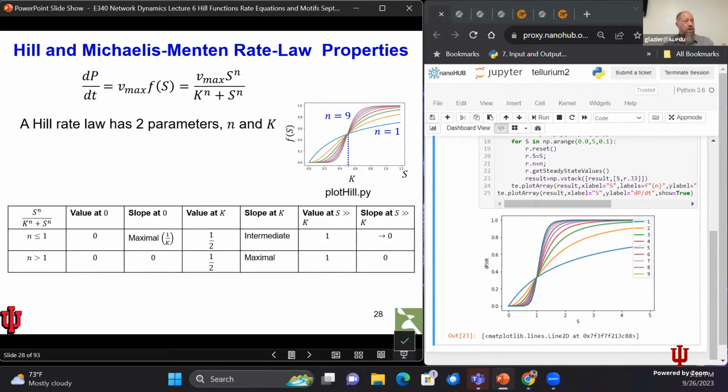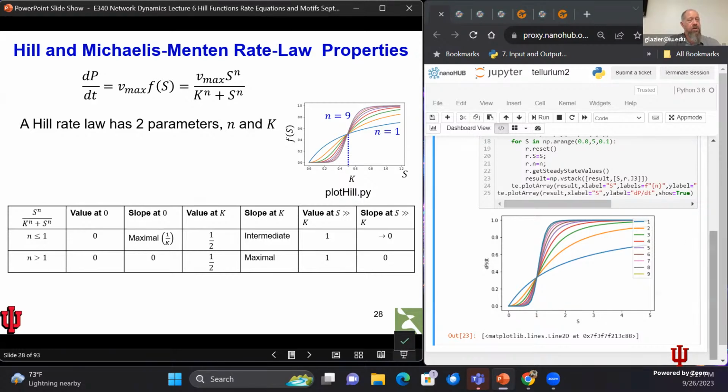And the slope when s is very large is 0. If n is less than or equal to 1, I'm in the Michaelis regime. In this case, the slope is maximal at 0. The slope is intermediate at k. And again, as s gets very large, the slope goes to 0 again.